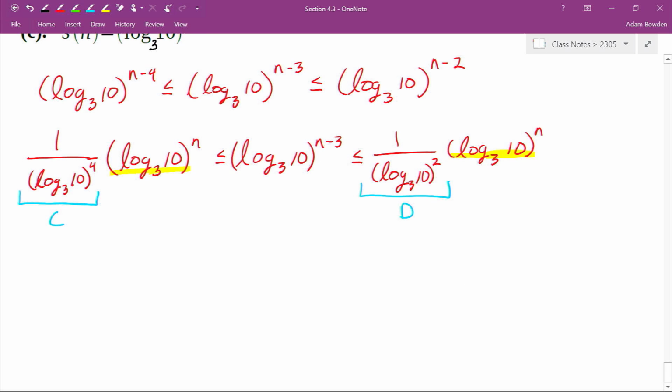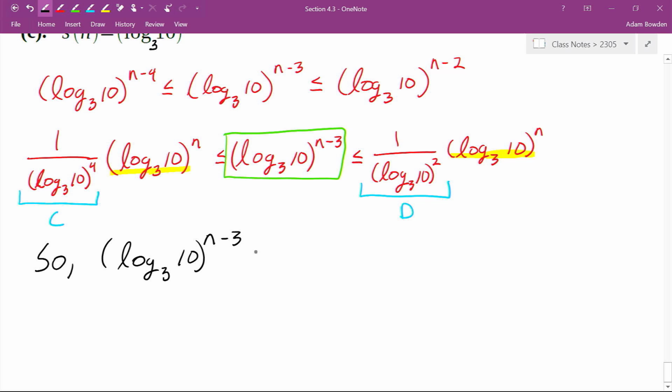So we've established that the thing in the middle sits between a constant on either side times log base 3 of 10 raised to the n power. So that establishes that log base 3 of 10 raised to the n minus 3 power is big theta of log base 3 of 10 raised to the n power.